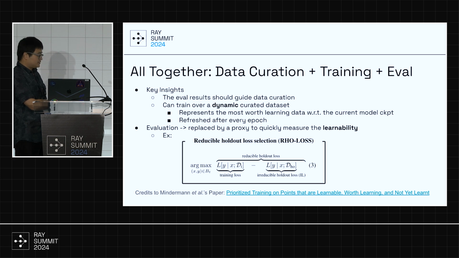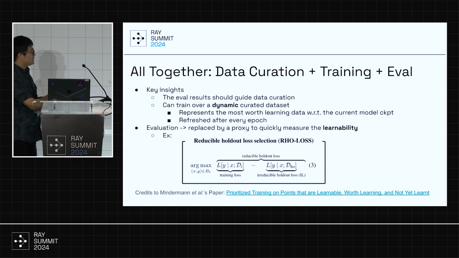What does dynamic mean? Every time we have a data subset, it represents the worst-learned data regarding the current model checkpoint. And after each checkpoint, we can refresh this data. So it's dynamic, and it's different for each epoch.